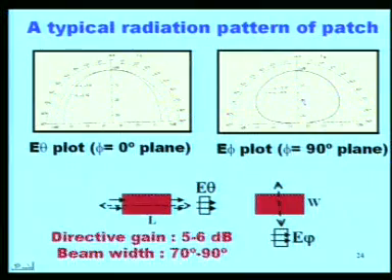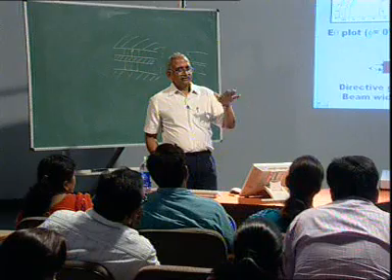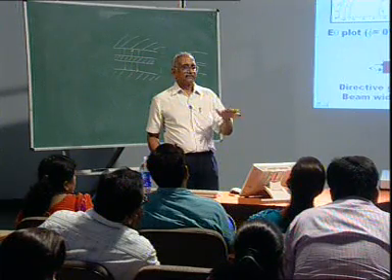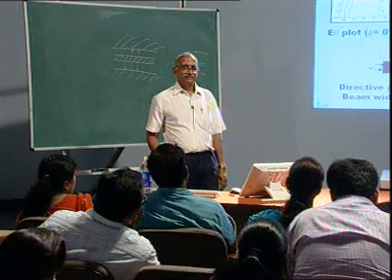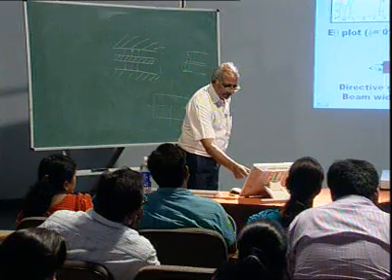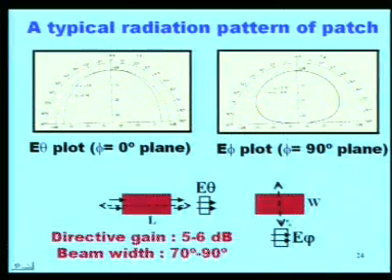The reason is that the E phi component becomes tangential to your ground plane at theta is equal to 90 degree, and since the E phi component is tangential to the ground plane, the corresponding component has to be 0 because of the boundary condition over there.